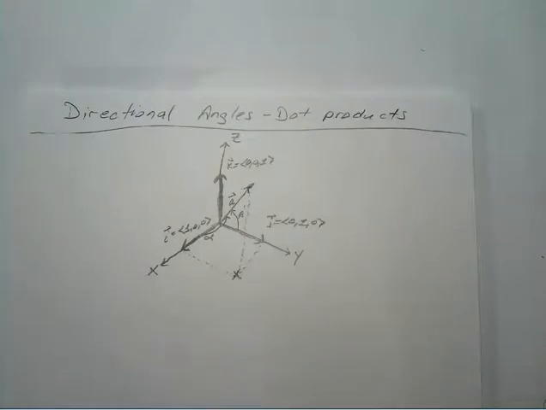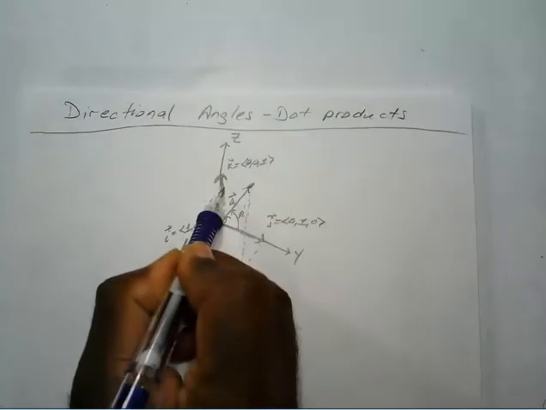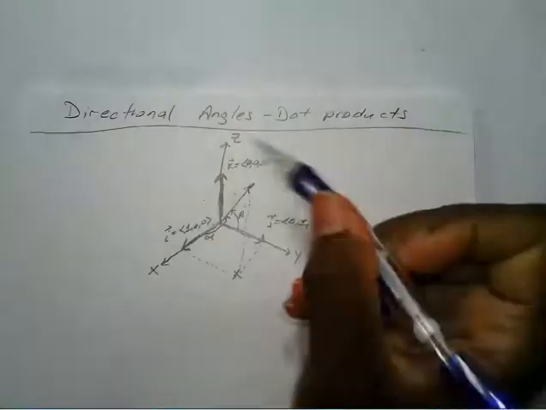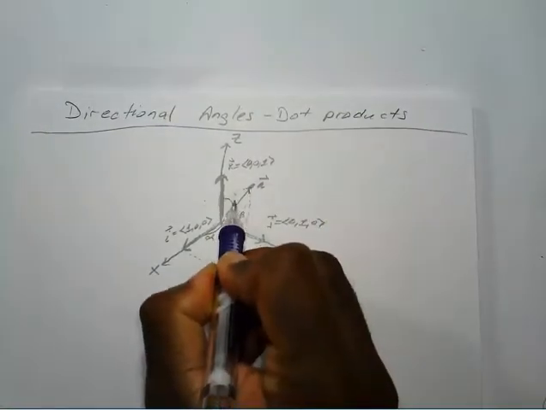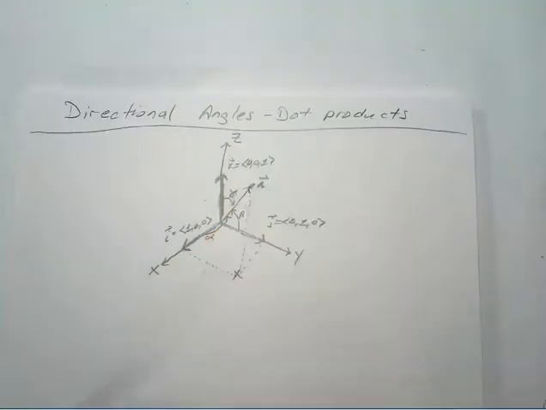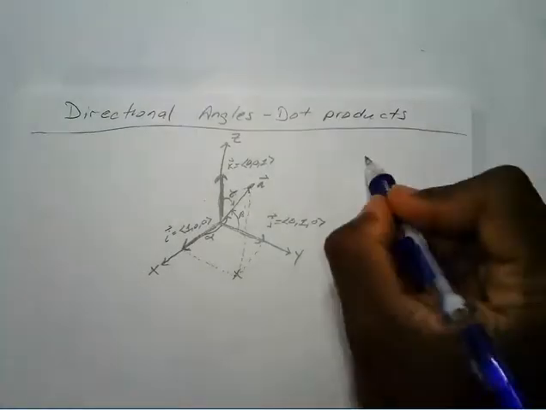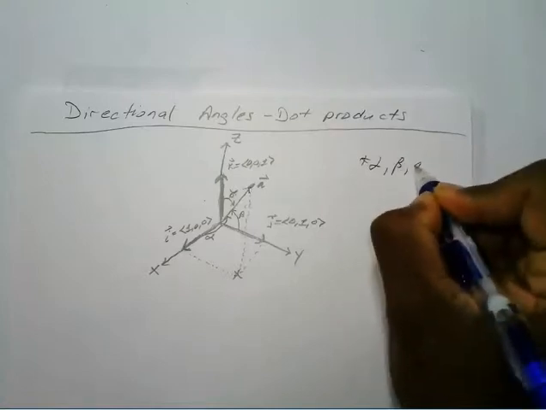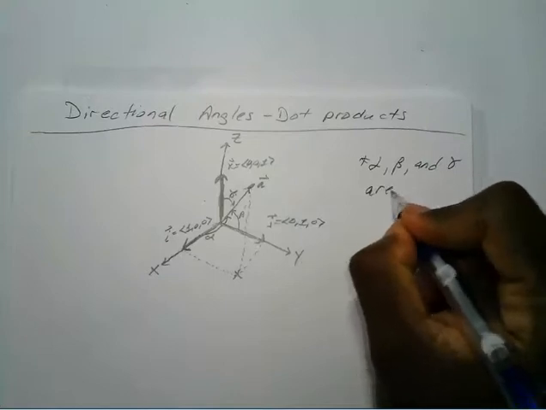Or even the angle between going up the wall and that stick. Let me move this vector A over a little. This would be angle gamma. In this case, our alpha, beta, and gamma are what we call directional angles.